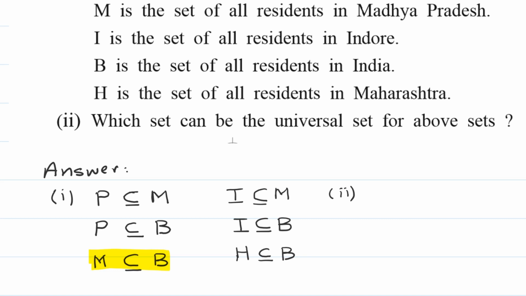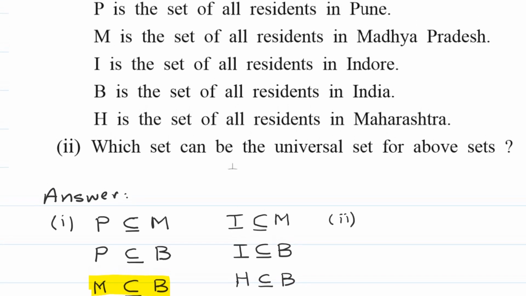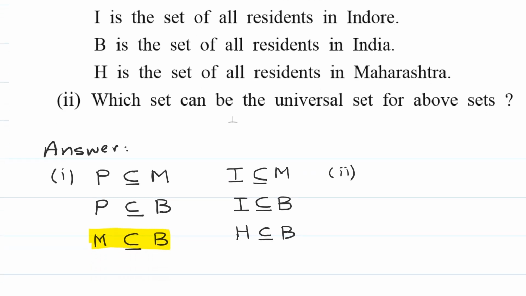Which set can be considered as universal set? As all sets under consideration, P, M, I, B and H, are subsets of B, B can be considered as the universal set.